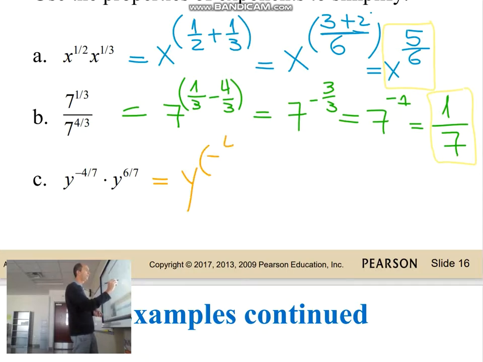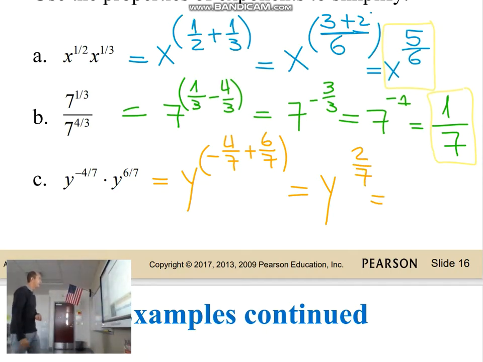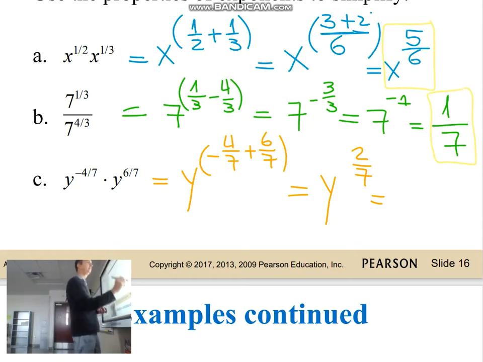So negative 4 over 7 plus 6 over 7. This is going to be equal y exponent negative 4 over 7 plus 6 over 7, which is 6 minus 4, 2. 2 over 7, right? And that is the answer.